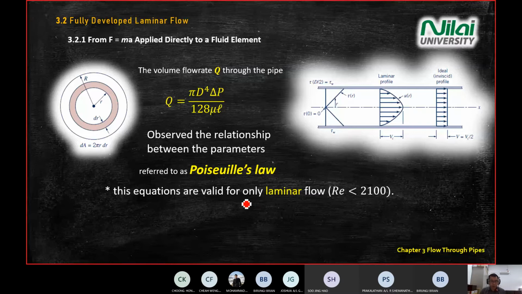So just a note in question 13, Poiseuille's law, it's only valid for laminar flow. Q equal to pi d power 4 delta P divided by 128 mu L is only valid for laminar flow.